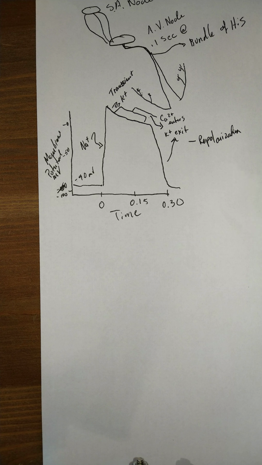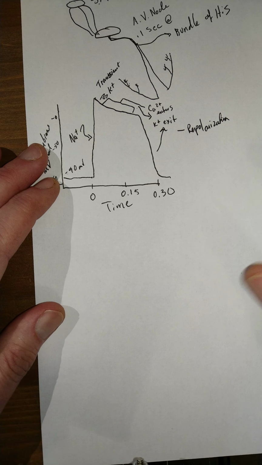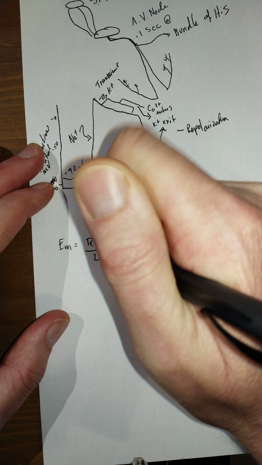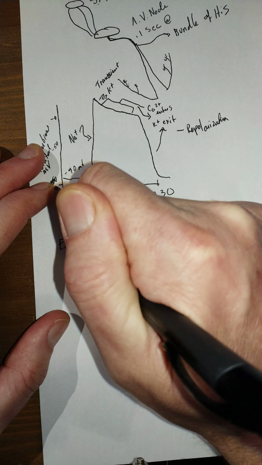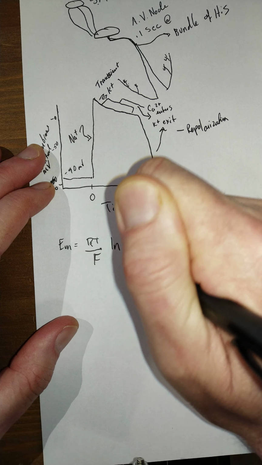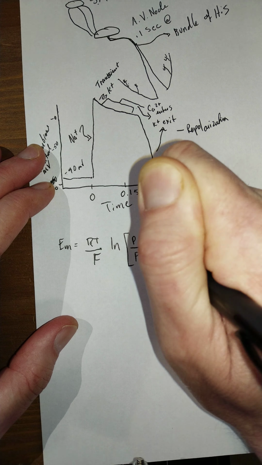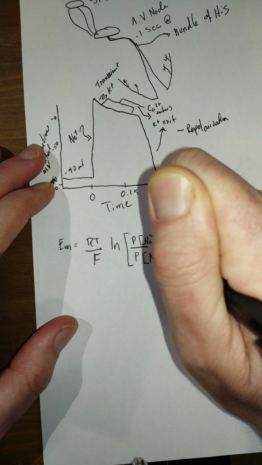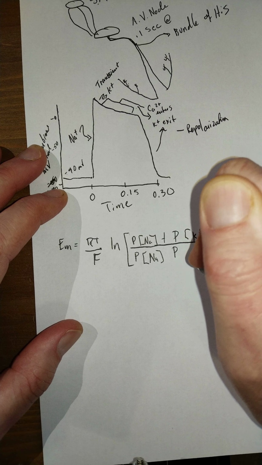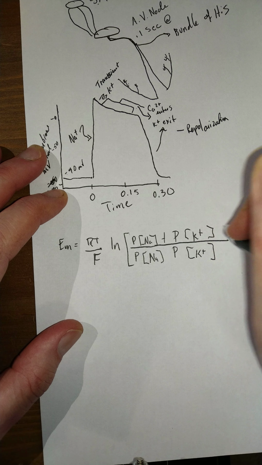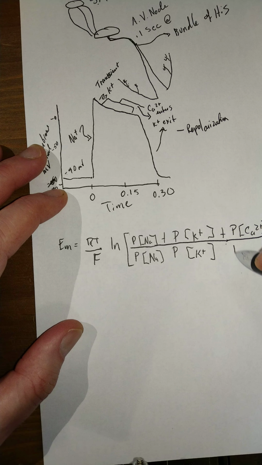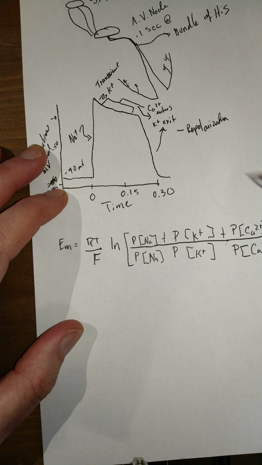The interesting thing about this is, remember our Goldman-Katz equation, where we have the membrane potential equals RT over F, natural log, our permeabilities of our potassium, and then in this case we're going to look at the permeability of calcium, because calcium is our new ion that we're introducing into the system.